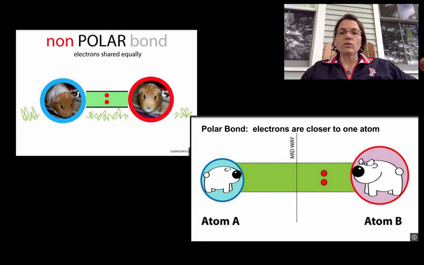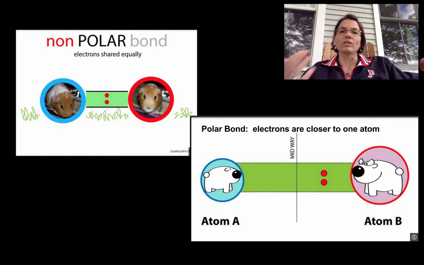However, if you have a situation like the bottom right, where one side is much stronger than the other, well, you know what happens. The electrons are going to be pulled closer to one side than the other. So the electrons reside closer to atom B in this case than atom A, which causes a partial charge to develop.